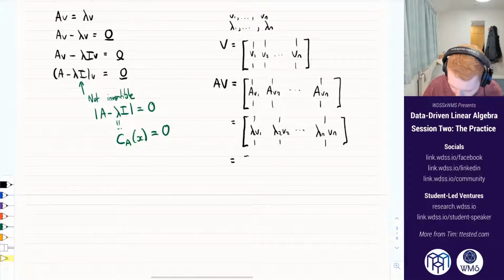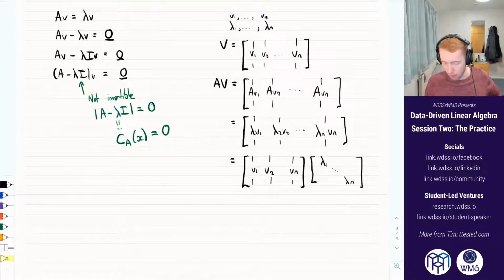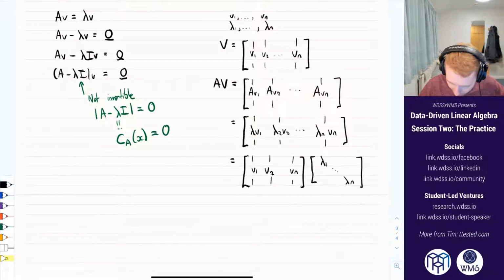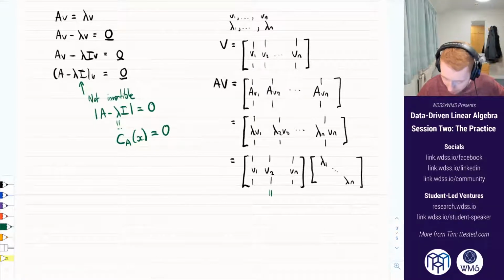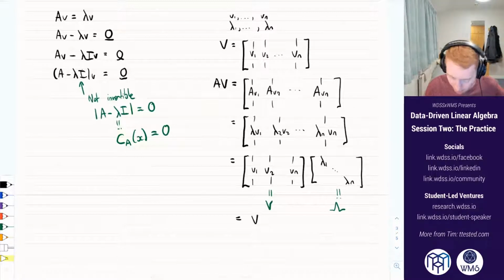So v1, v2 to vn, these column vectors we started with, times this matrix here, all the way down to lambda n. Have a look at this and convince yourself that this is true. This here is our matrix V, and this here we're going to define to be called capital lambda. And so we then have that this is equal to V times lambda.